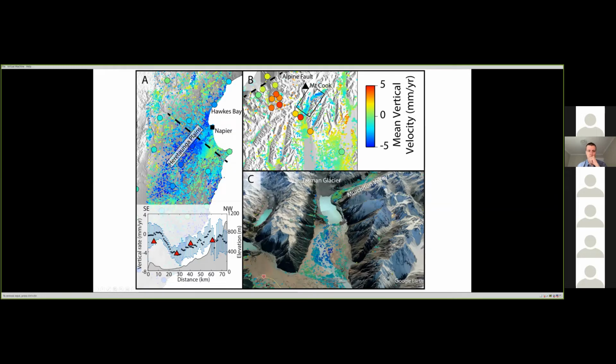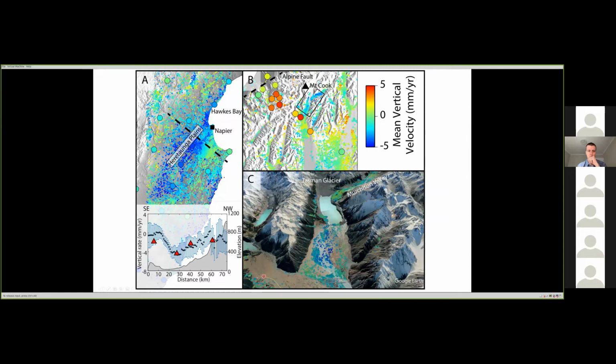If we come to the Southern Alps, for example, we have some other issues. Because of the terrain, we do tend to lose some signal in the radar measurement. And also within some of these glacial valleys, we're seeing fairly broad-scale, valley-wide subsidence on the order of 5 millimeters a year, which we think is probably to do with the compaction of the old river channel.